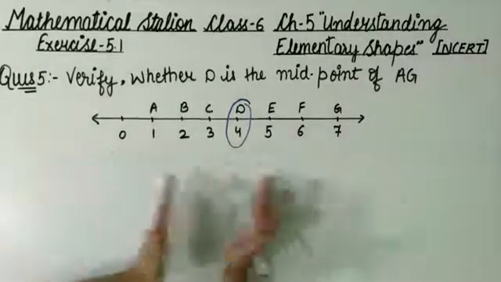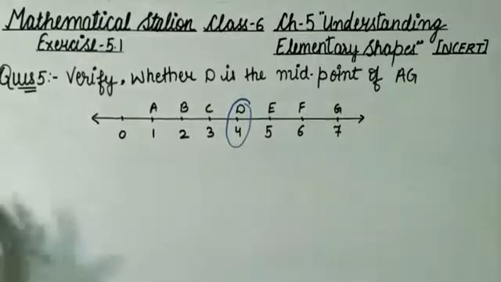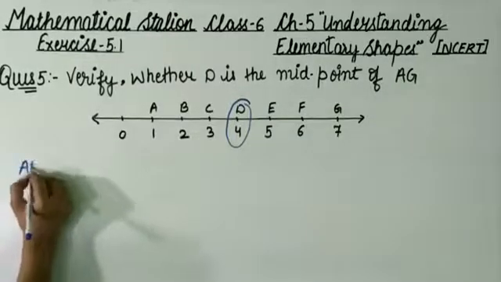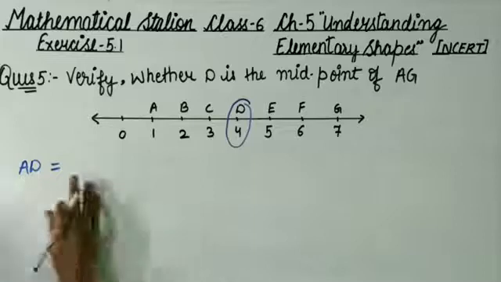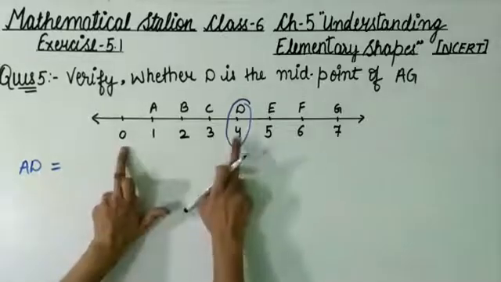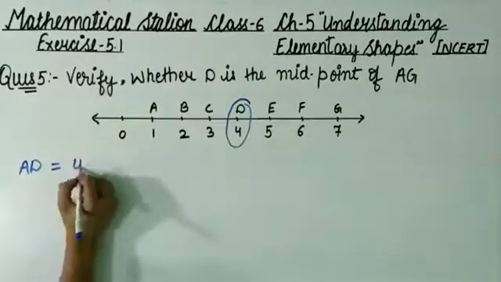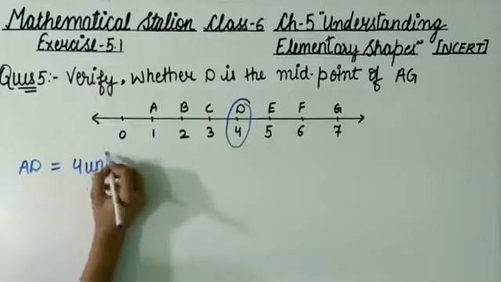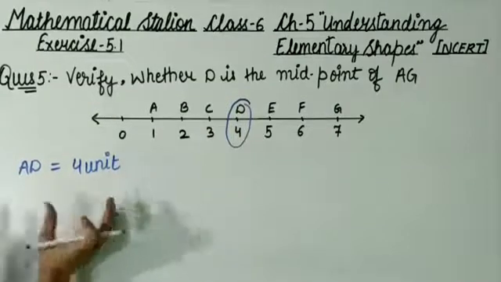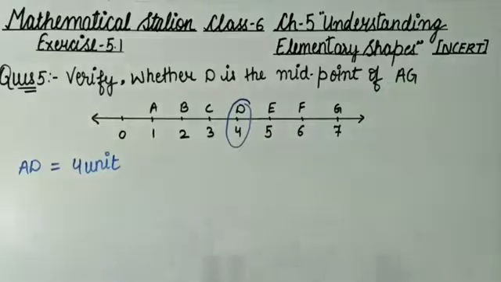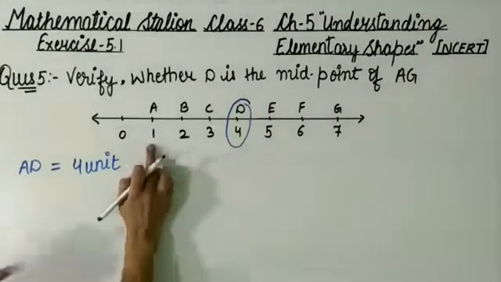If we see generally, then AD is equal to 4 centimeter. But it is not, since point A is marked on number 1.